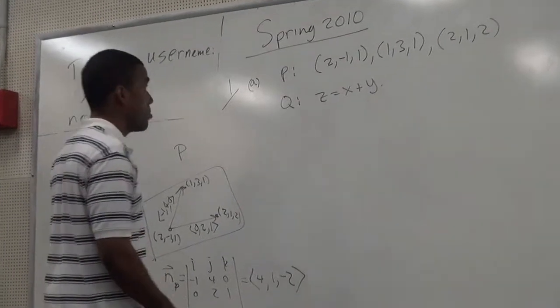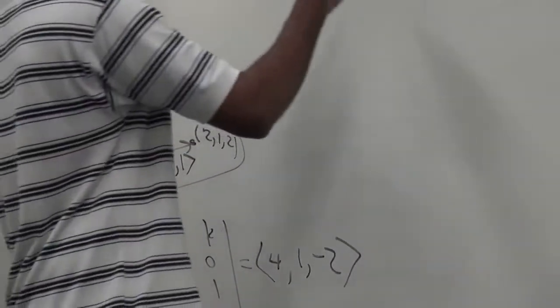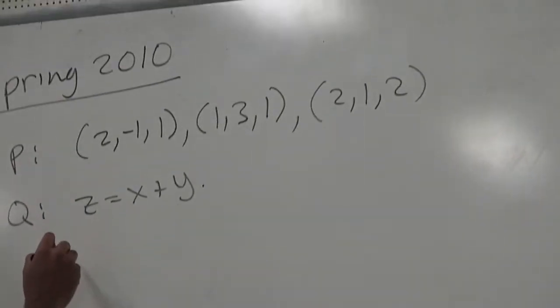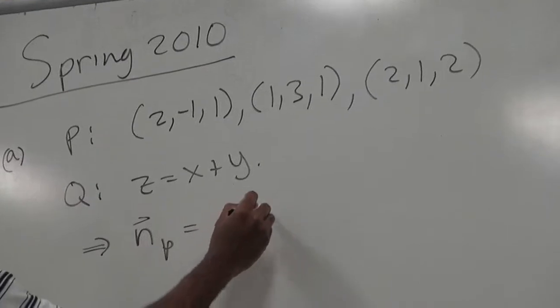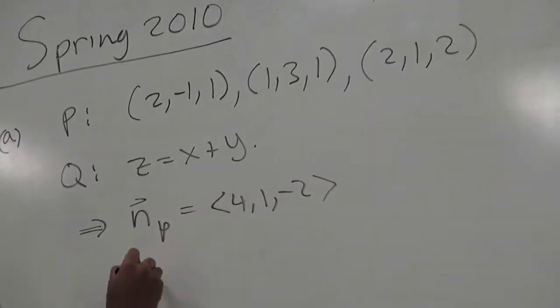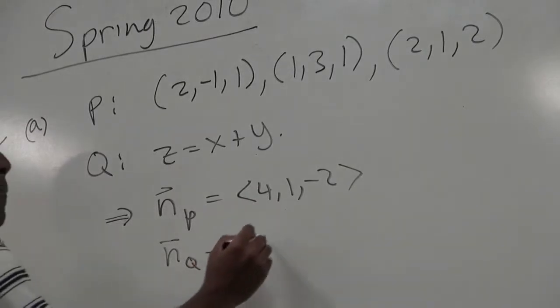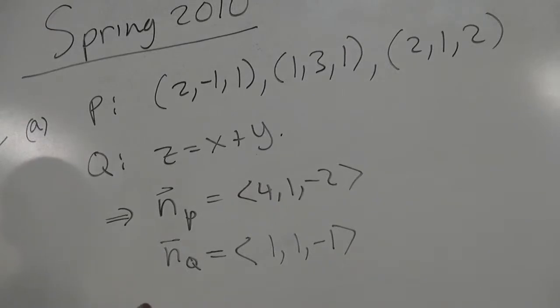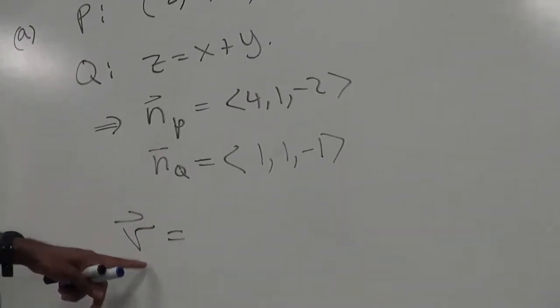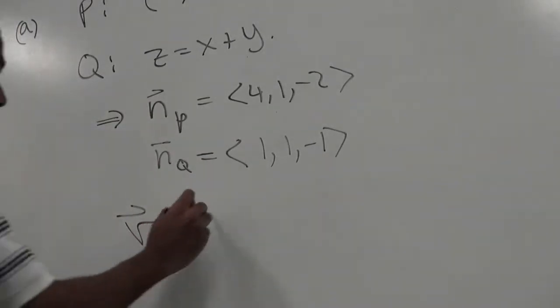And now we know the normal vector for P is actually 4, 1, -2. The normal vector for Q is what? 1, 1, -1. And so the direction vector for our line, remember this is the intersection, so we know its direction is given by the cross product of the two normals, by the argument that we gave before.